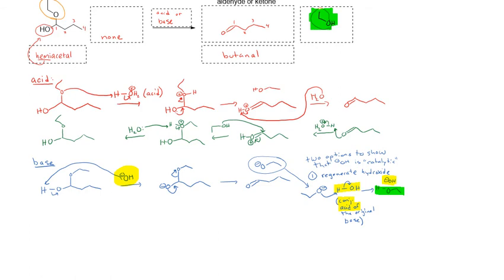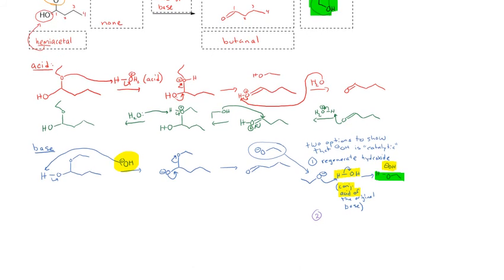The other option for how to show that only a catalytic amount of the base was needed is to show how the new base that was formed can act as the new catalyst. How it can take over the role that the hydroxide was playing.